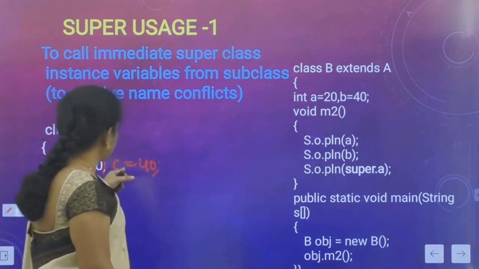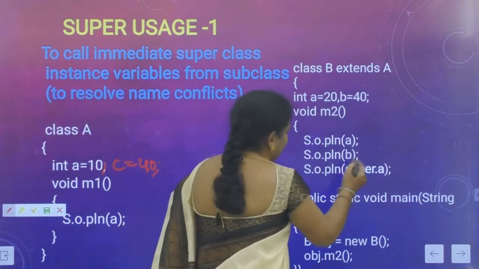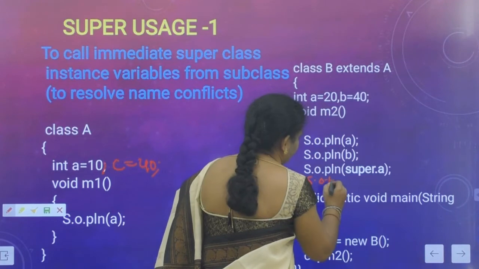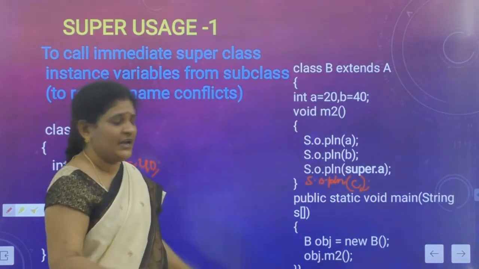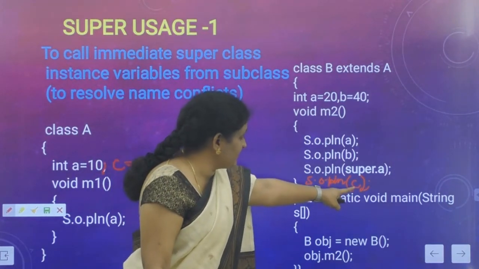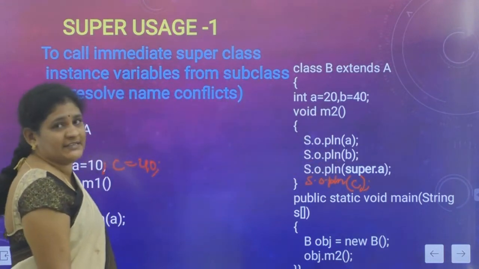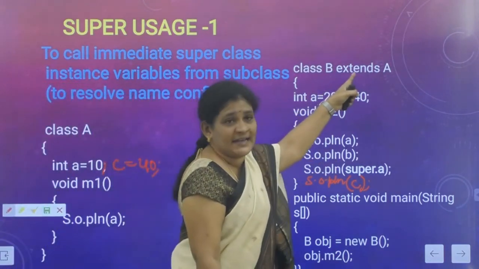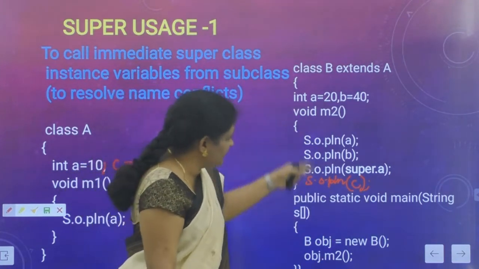If I want to access the C instance variable here, I can directly access it. System.out.println, I can directly write C. Instead of writing super.C, I can directly access C, because C is an instance variable which is not there in class B. So it immediately refers to class A, because I have extended class A here. No need of putting super.C here, because C is not present in the subclass.